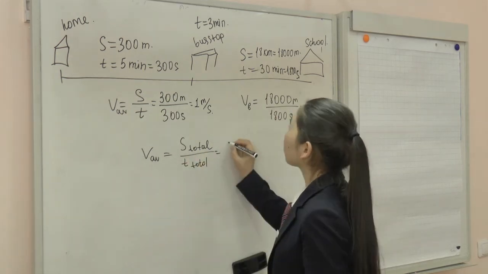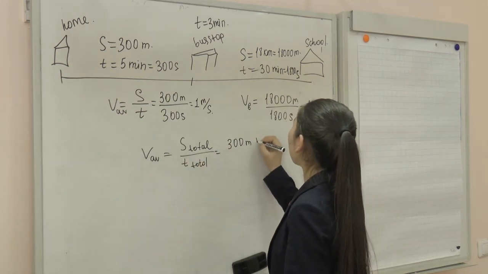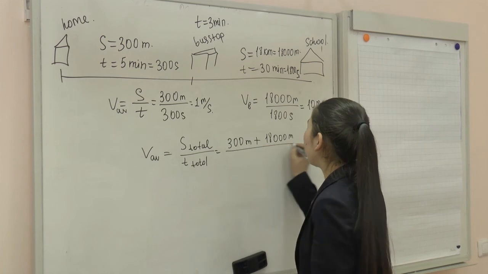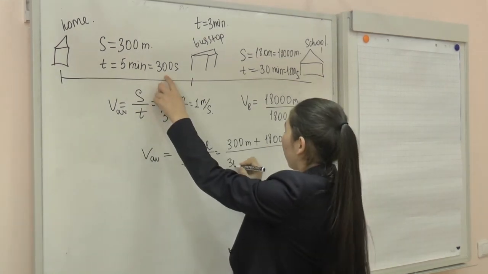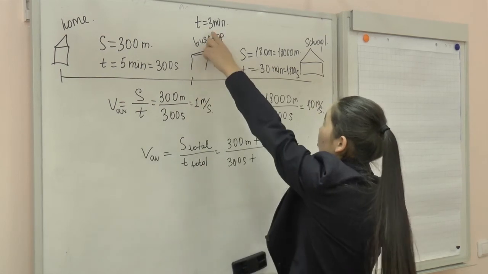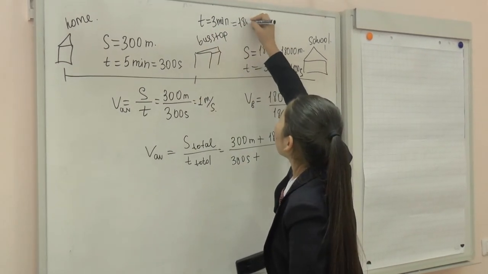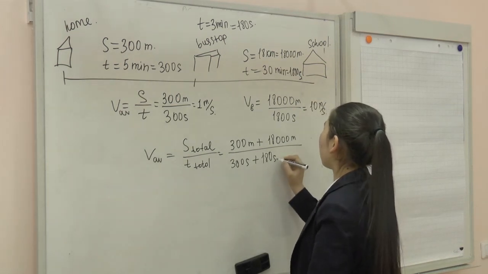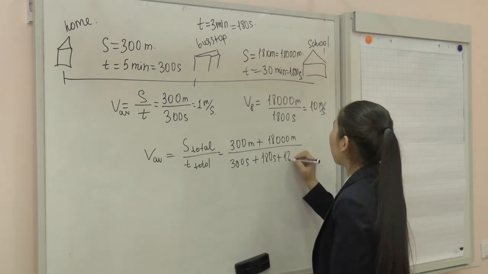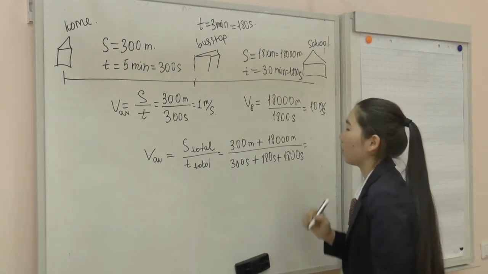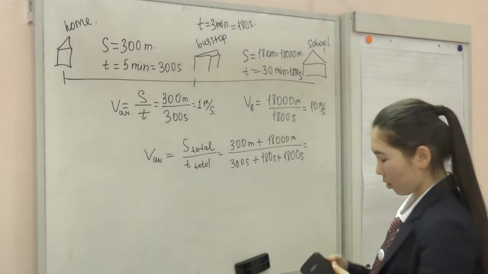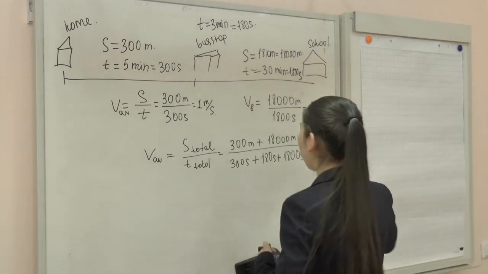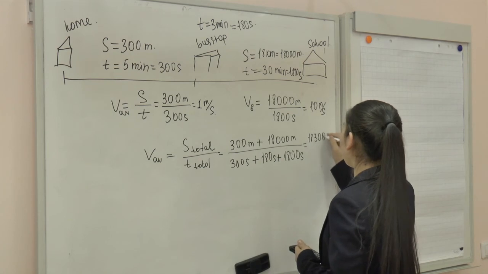S total is equal to 300 meters plus 18,000 meters, divided by 30 seconds plus 3 minutes, which is 180 seconds, and so on.